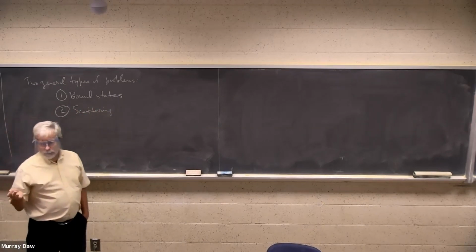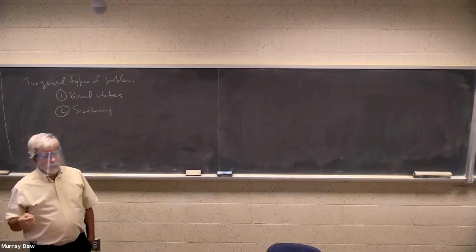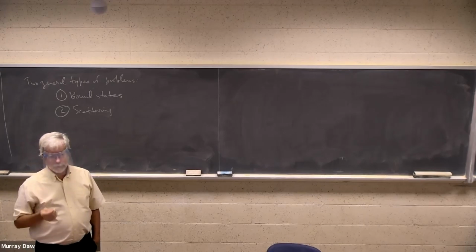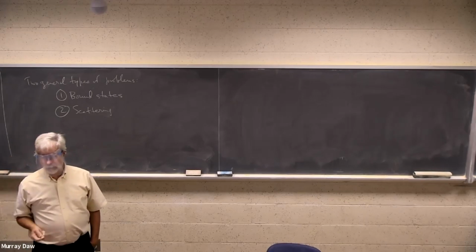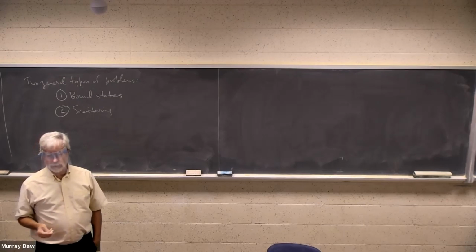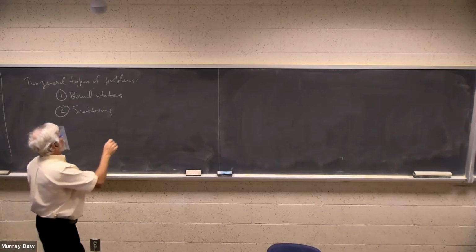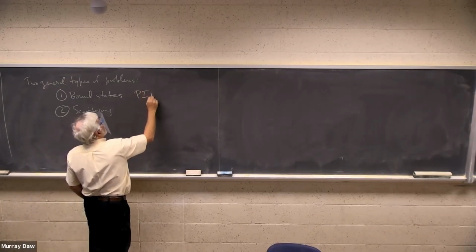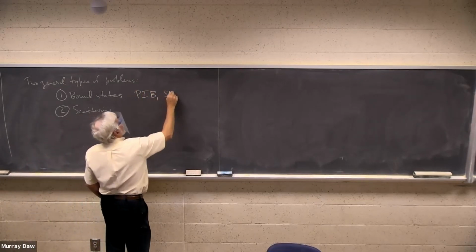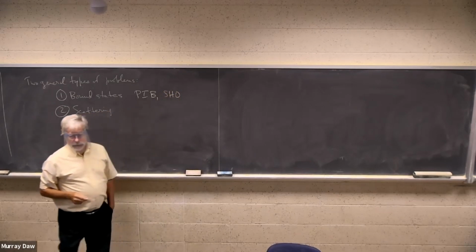Bound states, we've done one example. What was that? Particle in a box. You should have those solutions memorized. Particle in a box will keep coming back. We're going to do another one in a little bit, which is the simple harmonic oscillator.